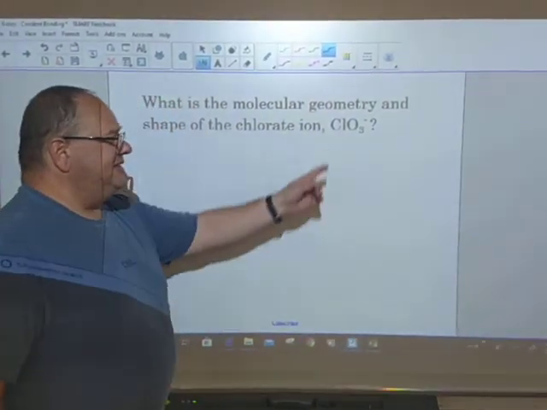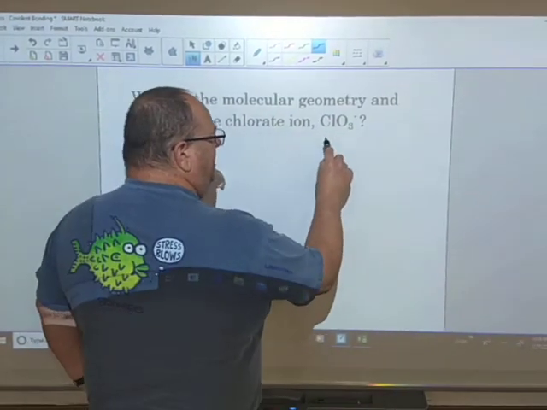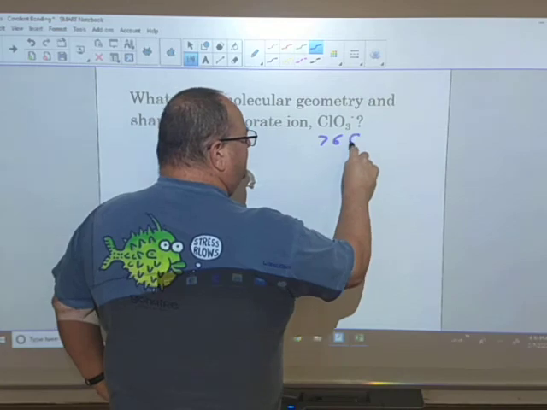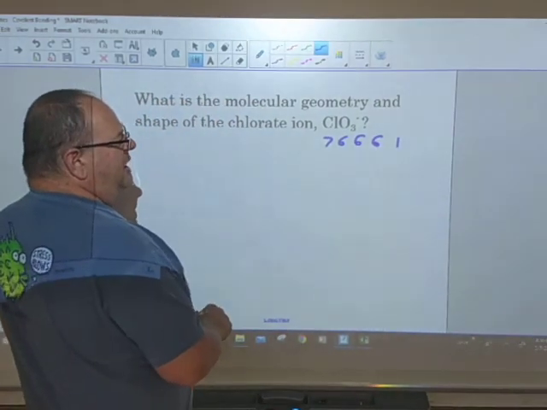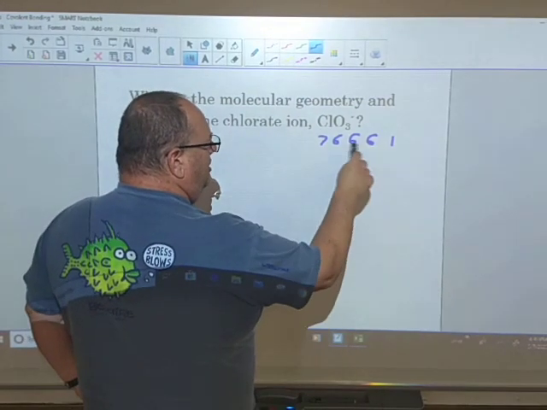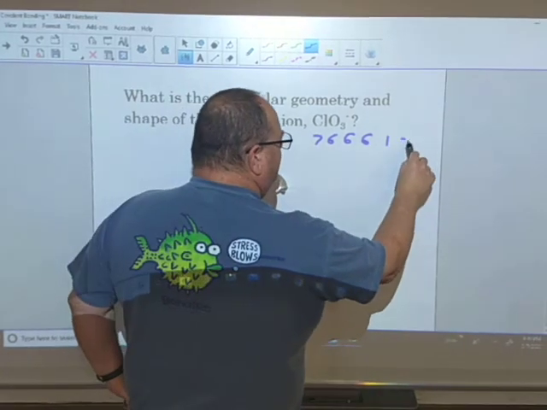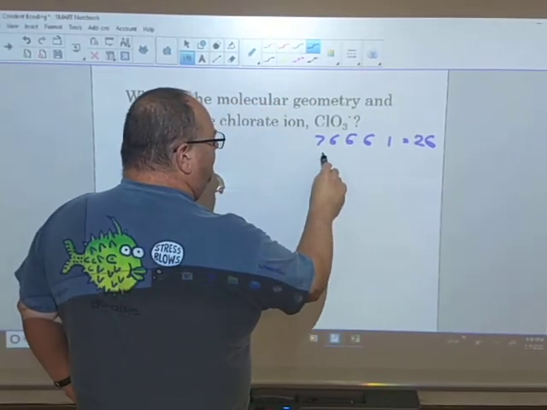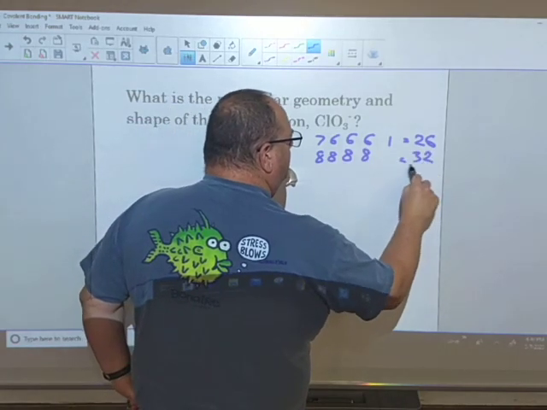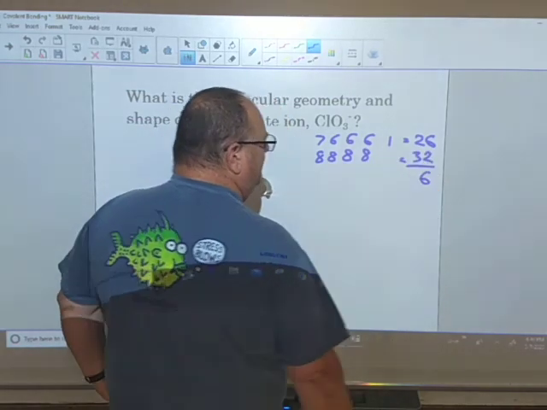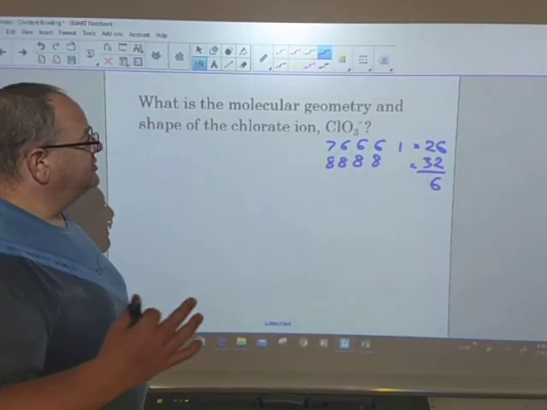All right, when I see ions like this, I'm going to count up electrons. Chlorine has 7, oxygen has 6, 6, and 6, and then that negative charge means there's an extra one. So 6, 6, 6 is 18, plus 7 is 25, 26. And if all the atoms wanted 8, that would be 32. So that means 6 electrons that I have to share. That'd be 3 bonds.